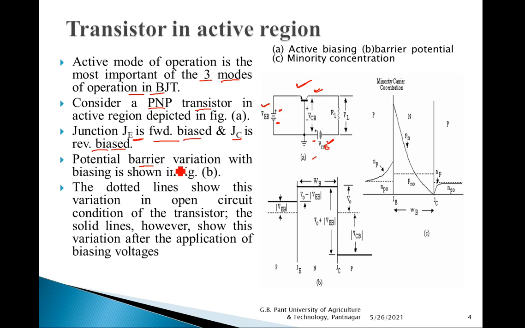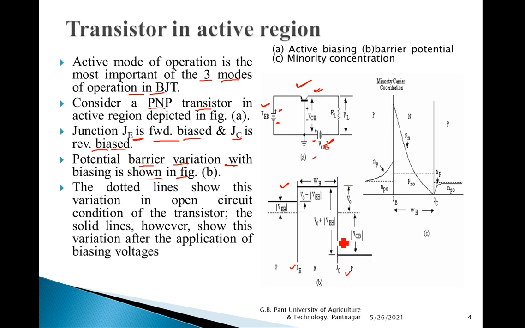We can visualize the change in the barrier potentials through figure B. Here the dotted lines represent the barrier potentials across the junctions JE and JC when there was no biasing voltage connected to the BJT. But once we connect the biasing voltages, the change in the barrier potentials is represented by the solid lines.